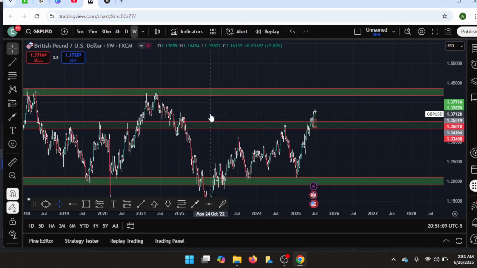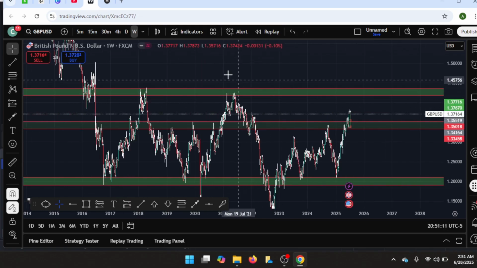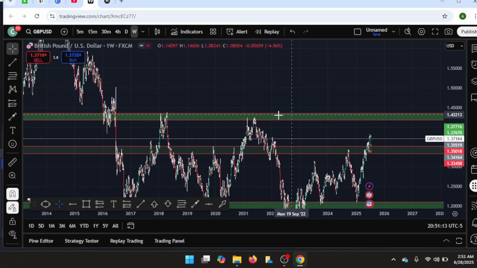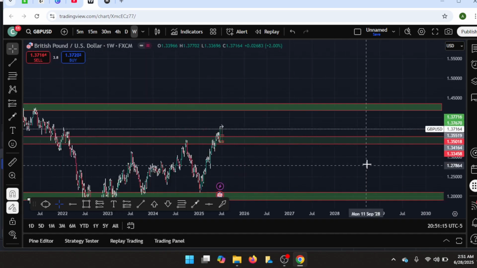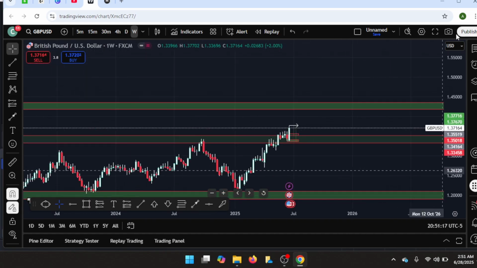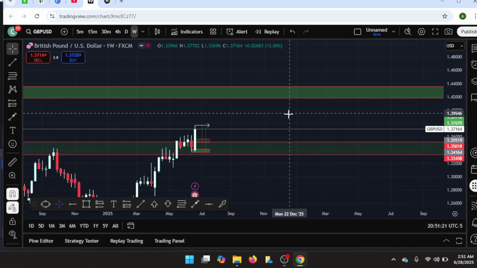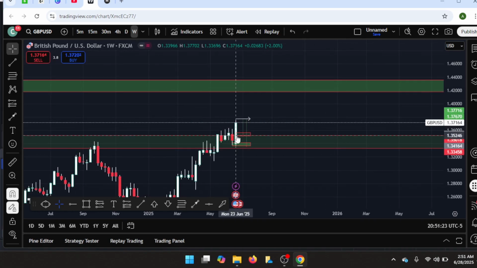And after this zone, another key strong zone we are looking up to is this. You can see the strong, healthy candle the weekly candle closes with. It's a clear indication that we are looking for buys this week.